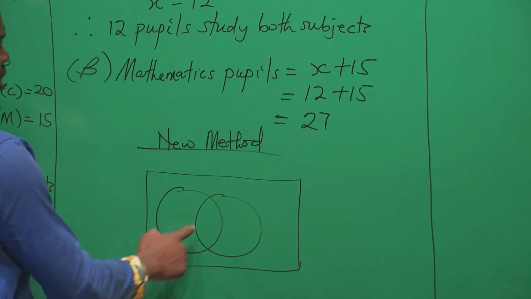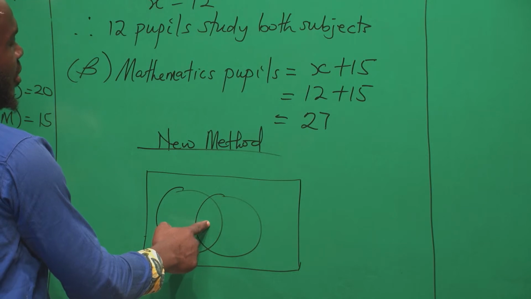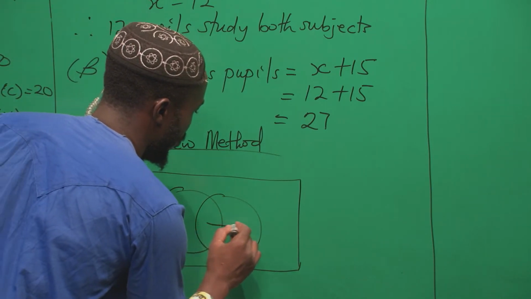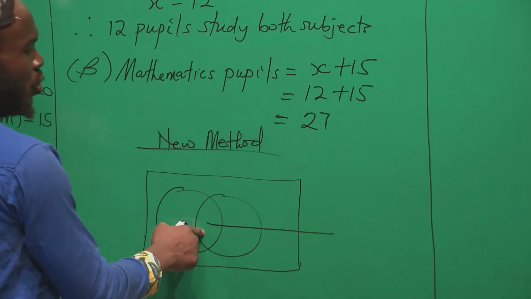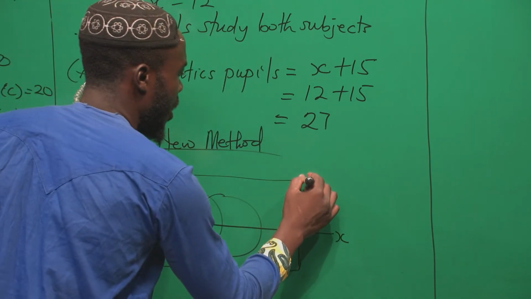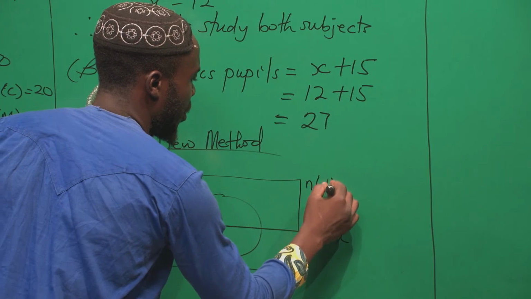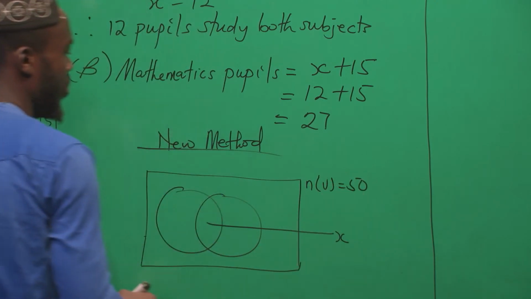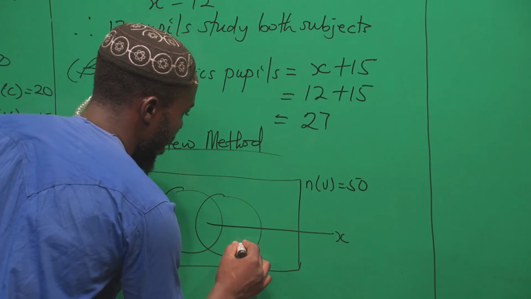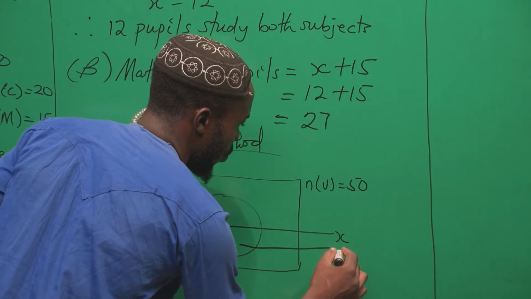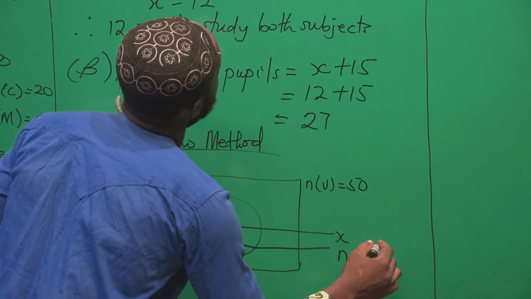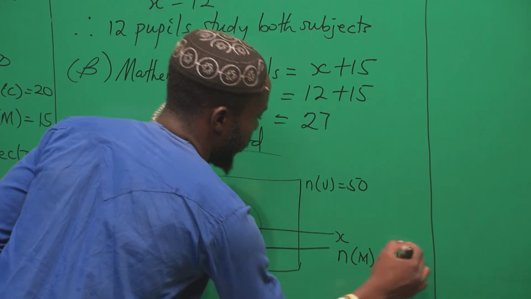So when you want to represent the point of intersection here, you shouldn't put it here, but you should just draw an arrow to point into this side. Then you put what? X. Now here, n of u is still the same, 50. Then if you want to represent mathematics also, it comes inside the circle. So n of m is equal to 15.